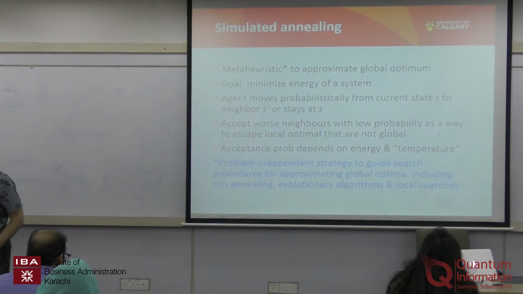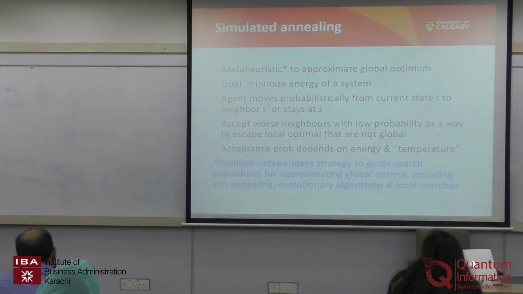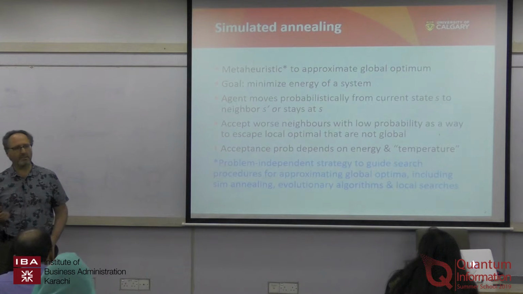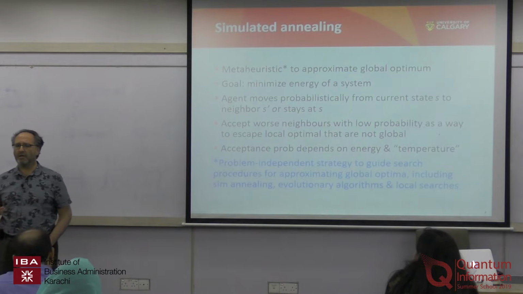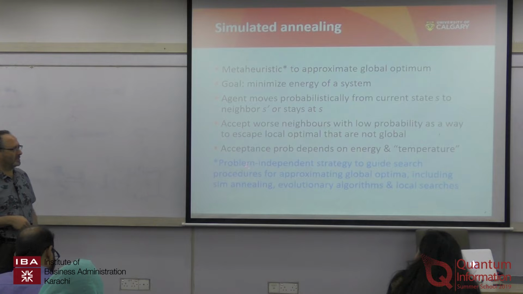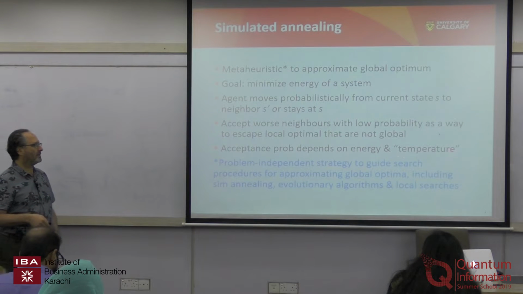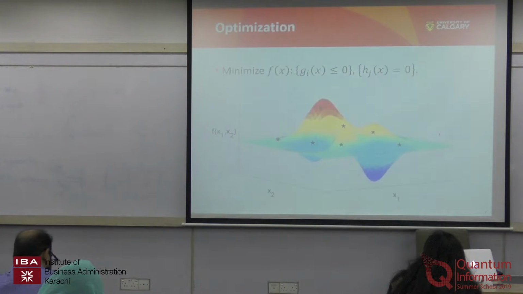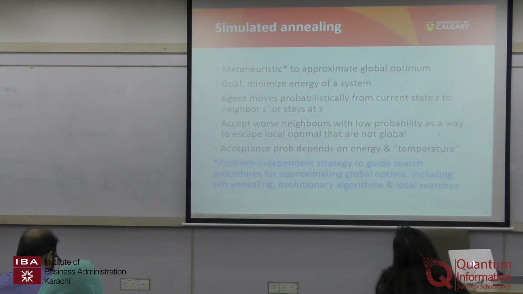Meta-heuristics are strategies to search for the best solution in a way that you don't care about the problem. So you might have simulated annealing or genetic algorithms or steepest descent or hill climbing, various ways to do it. And in each of those, the idea doesn't depend on the problem. It goes beyond that. The idea is to guide search procedures. So the meta-heuristic gives a way of searching this space.